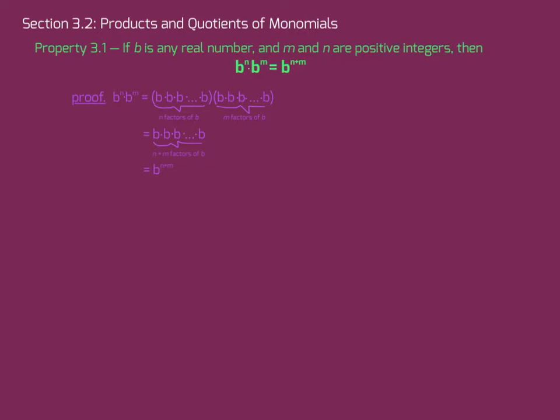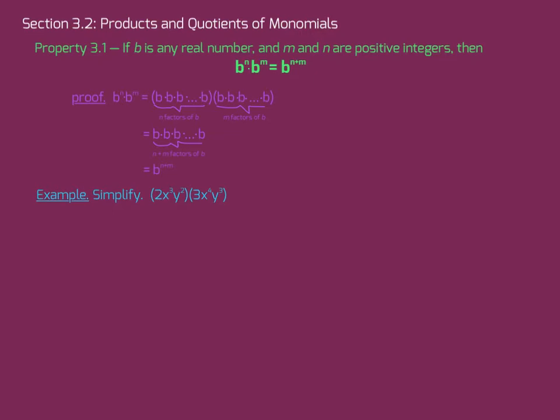Let's look at a quick example. For our example, let's simplify 2x cubed y squared times 3x to the fourth y cubed. Remember, you can use the properties that we've learned earlier this semester to group things differently and switch the order of things.